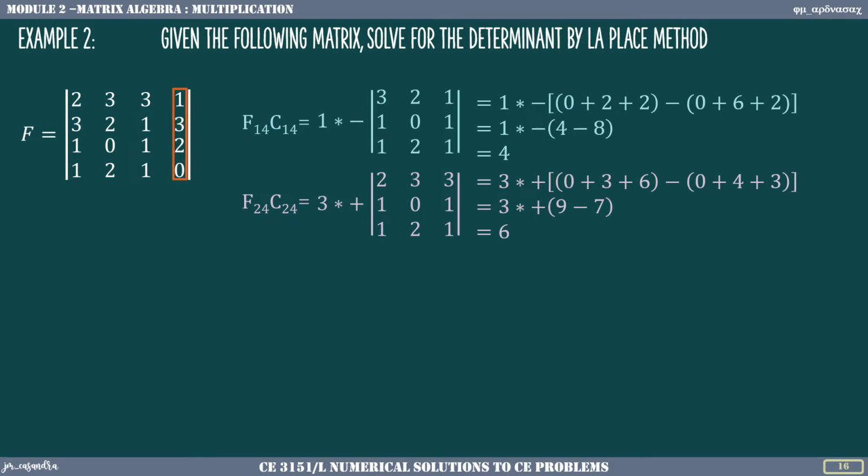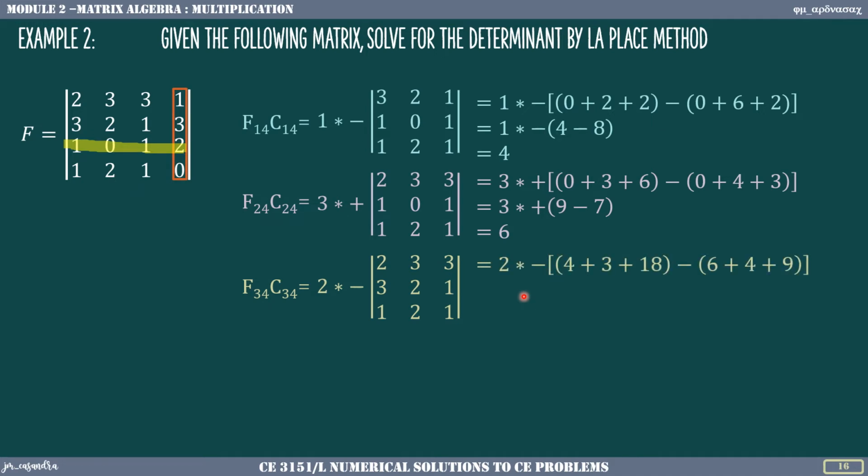So next, we have the third element of our chosen column. So we have F34 times C34. We'll have now 2 times, 3 plus 4 is an odd number, so that will be a negative minor matrix, which is 2, 3, 3, 3, 2, 1, 1, 2, 1.